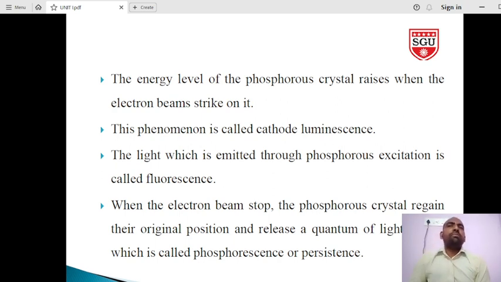The energy level of the phosphorus crystal rises when the electron beam strikes it. This phenomenon is called cathodoluminescence. The light emitted through phosphorus excitation is called fluorescence. When the electron beam stops, the phosphorus crystals regain their original position and release a quantum of light energy, which is called phosphorescence or persistence.